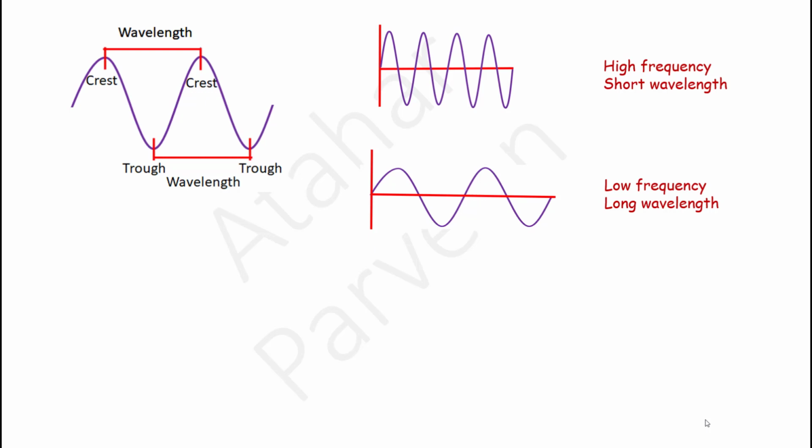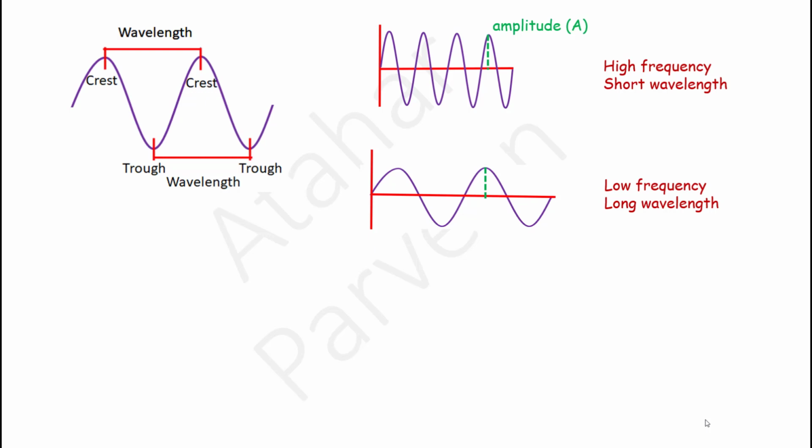Why? Because in the first wave the frequency is high, and frequency is inversely proportional to wavelength. That's why high frequency means that the wave will have short wavelength. In the second case the wavelength is large, so the frequency will be low, for the same reason. Now if I see the amplitude, here the amplitude A is there, no? Is this changing or not? Yes, this is changing.